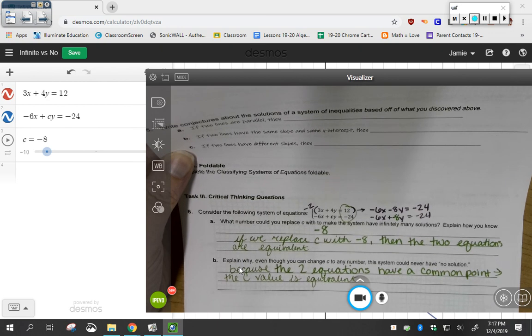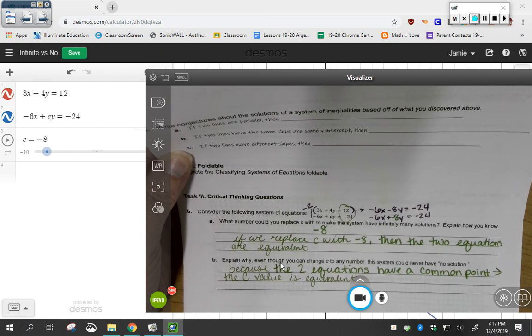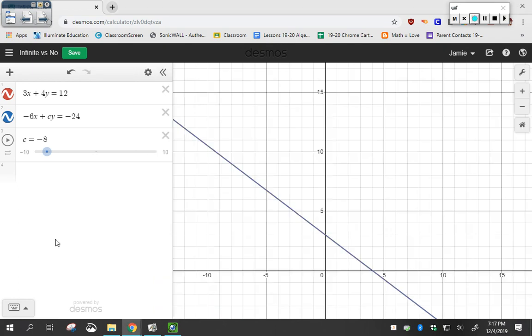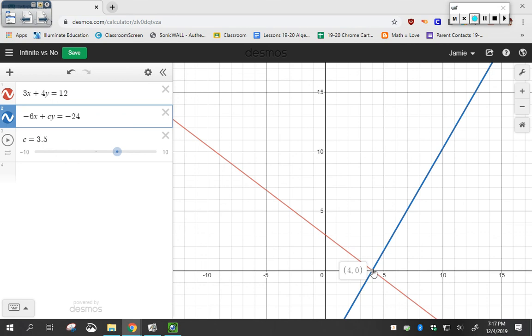All right, part B. Explain why, even though you can change C to any number, this system could never have no solution. Which sounds like terrible grammar, but I promise that's correct. So if we watch as I change my C value, what do you notice? If you look, the x-intercept isn't changing.